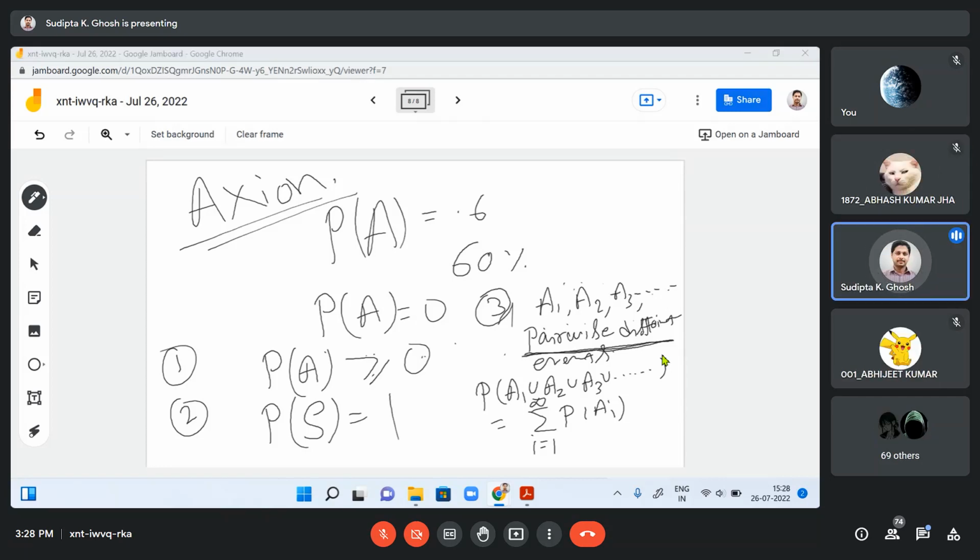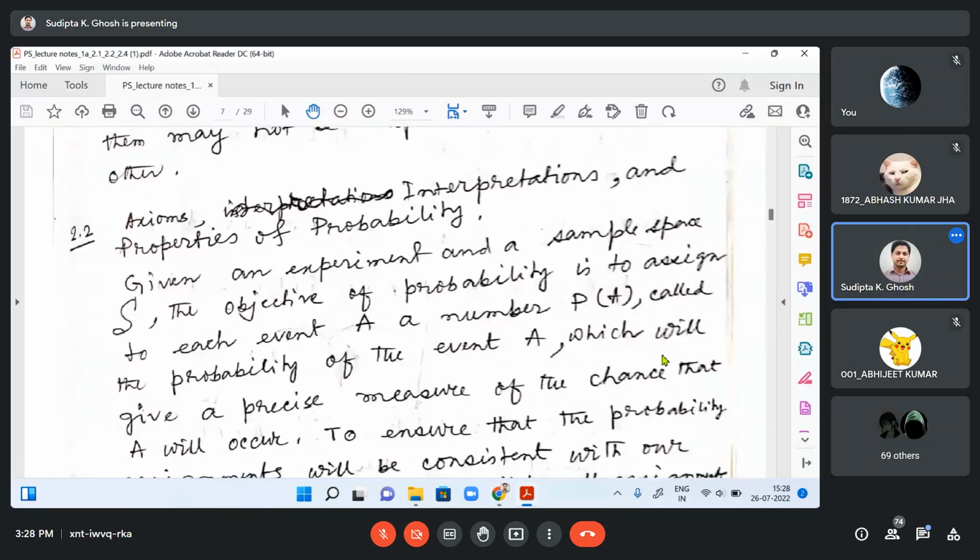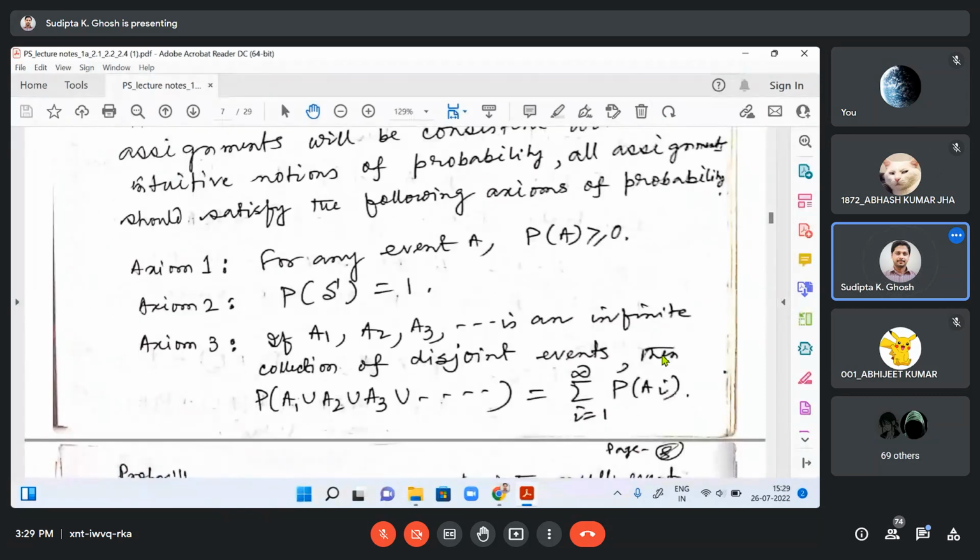Now you see the axioms given here. Axiom 1: for any event A, P of A is always greater than or equal to 0. Axiom number 2: P of S is always equal to 1. Axiom number 3: if A1, A2, A3 is an infinite collection of disjoint events, that is important, pairwise disjoint, then you can write probability of A1 union A2 union A3 and so on as the summation i equal to 1 to infinity of probability of A i.